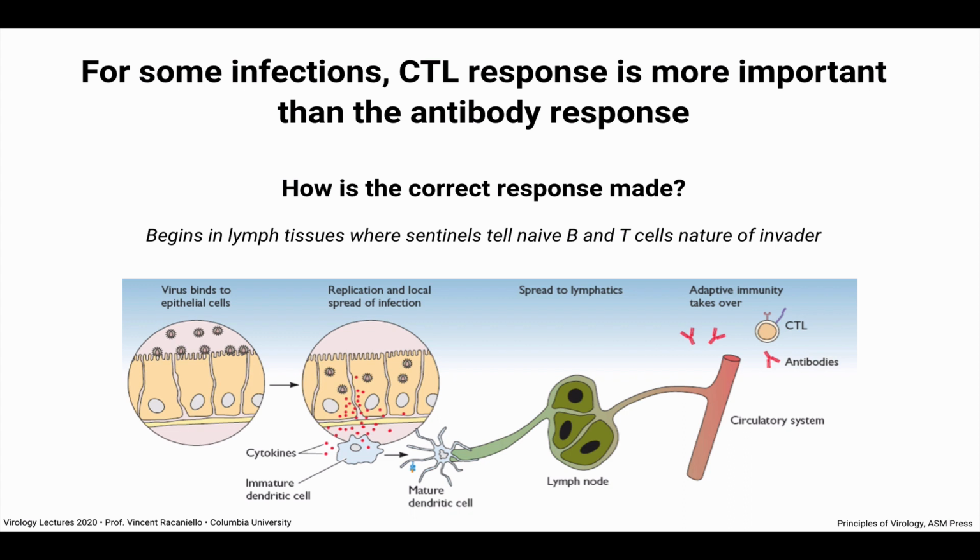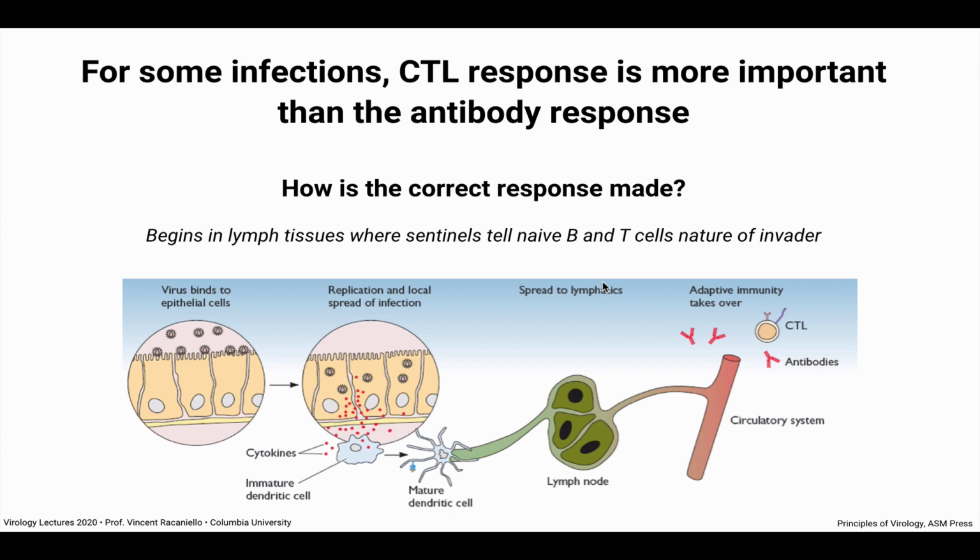How is it determined which response to make against an infection? Well, that begins in the lymph tissues, where sentinel cells like dendritic cells go in and interact with T cells. Antigen comes in and interacts with B cells. And they say, here is the peptide, you figure out whether we should make antibodies or CTLs.